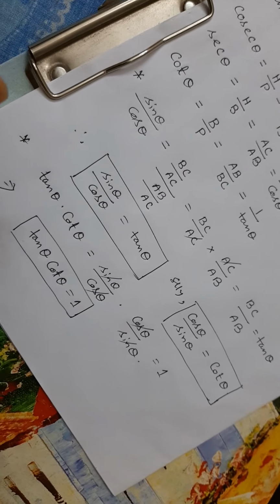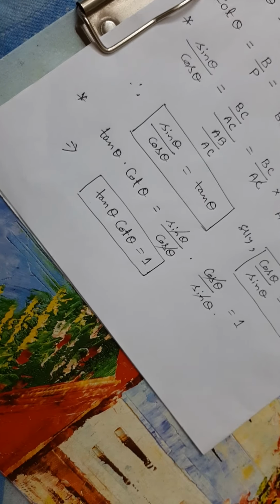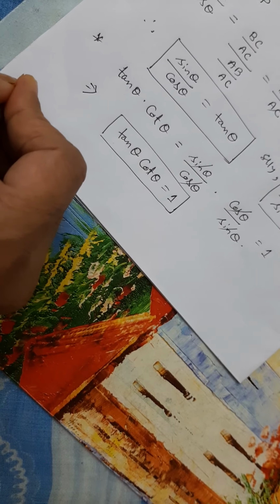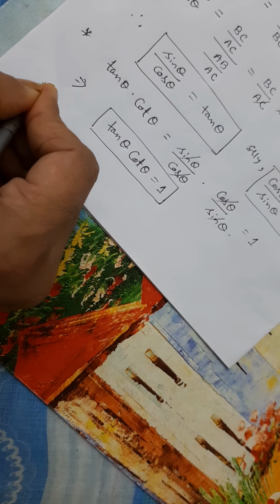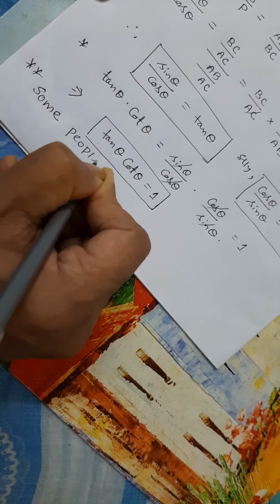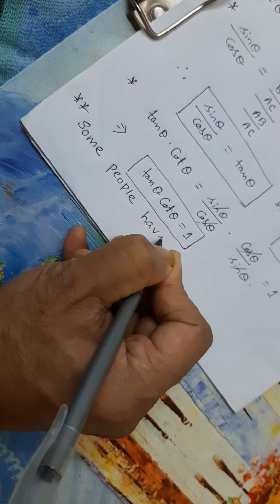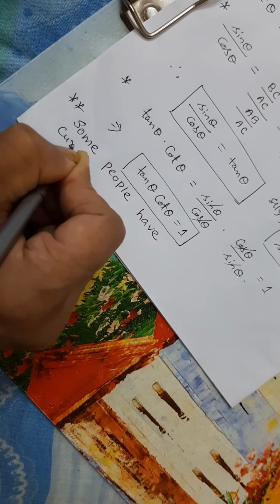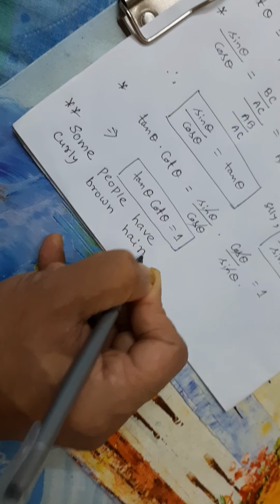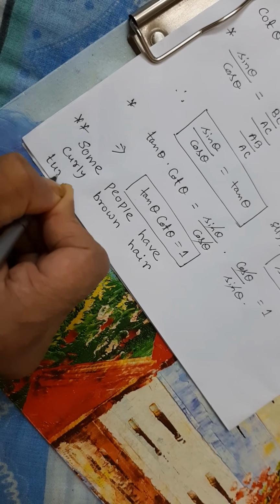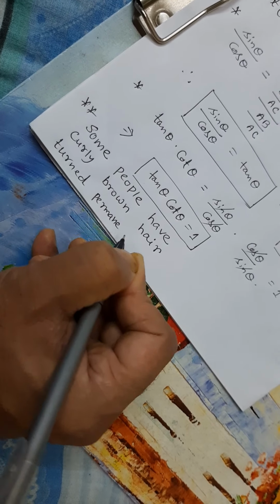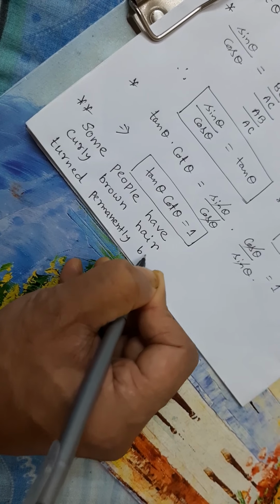Now these ratios we can easily remember. There is one funny rhyme. See, the rhyme is: some people have curly brown hair turned permanently black.